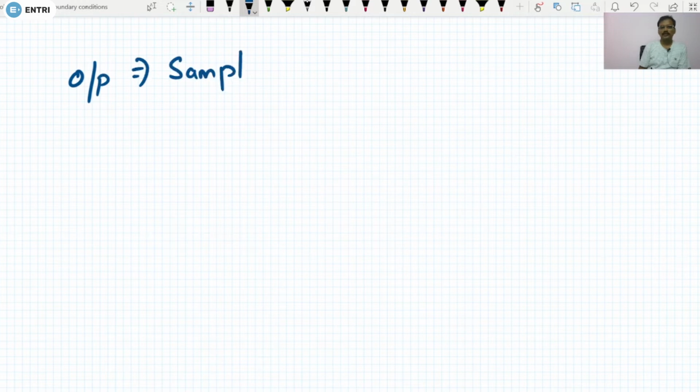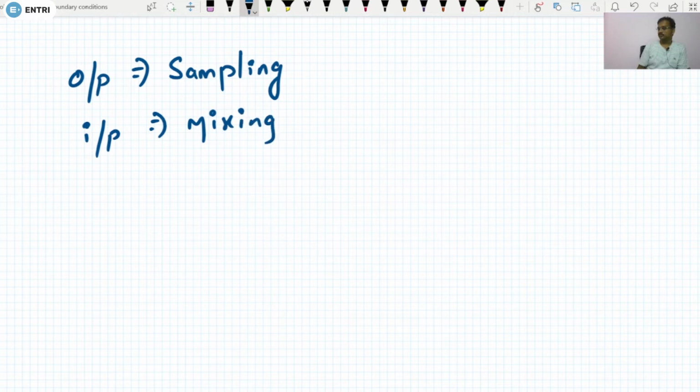Yes or no? You are going to do sampling at the output, and at the input you are going to mix. Whatever signal you have sampled at the output, you are going to mix at the input. So at the output, what is the operation you are doing? Sampling. And at the input, what you are doing?